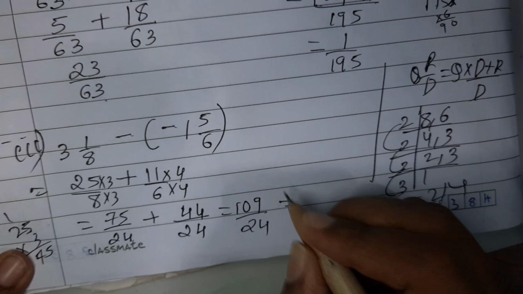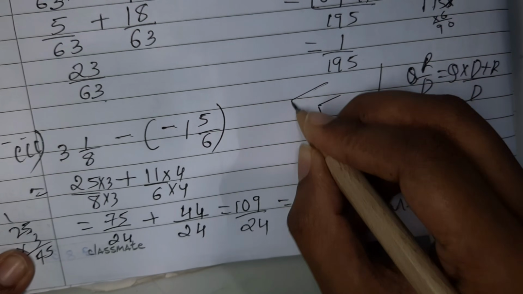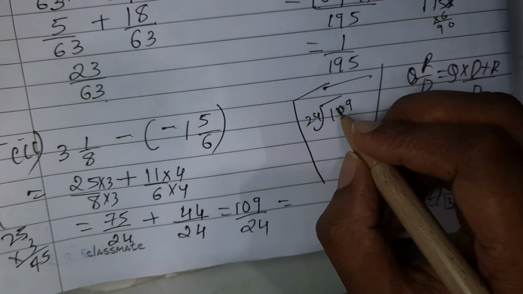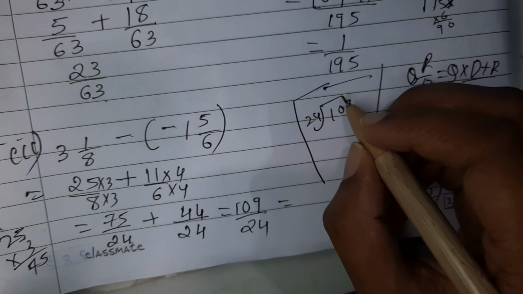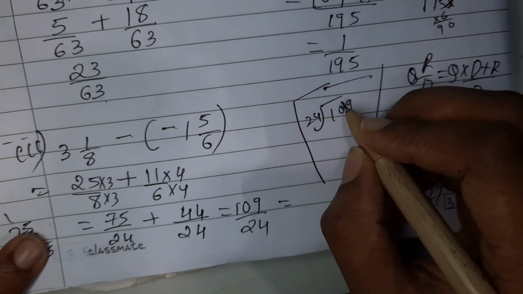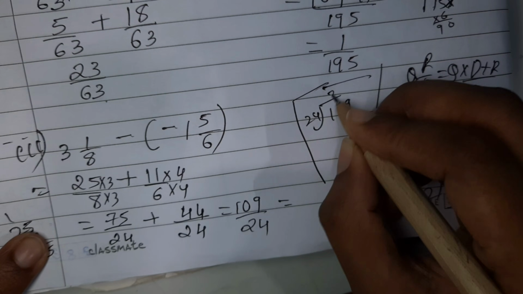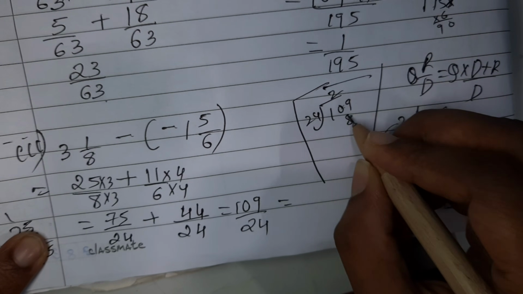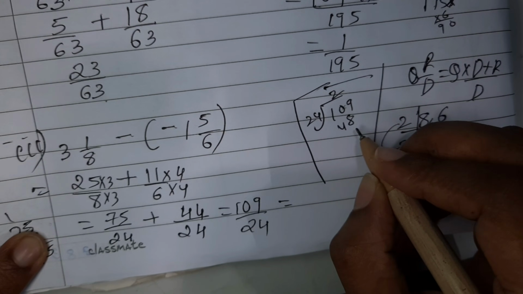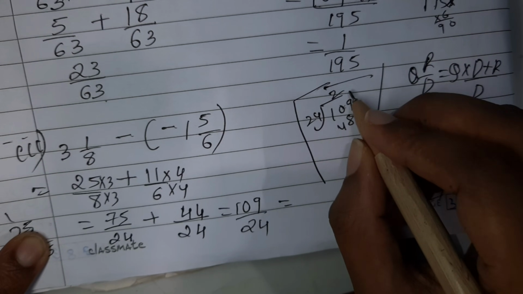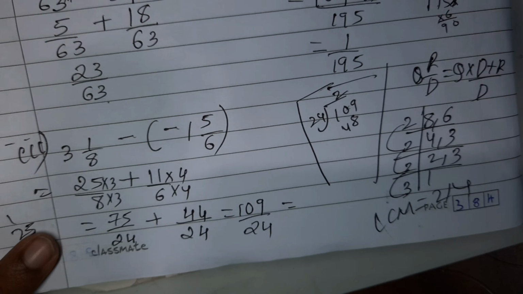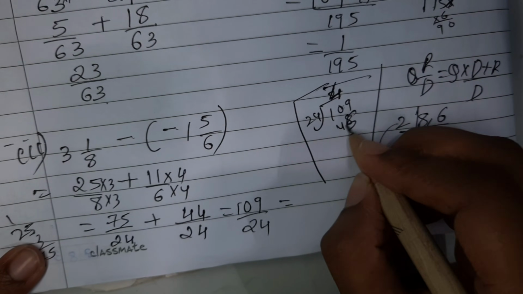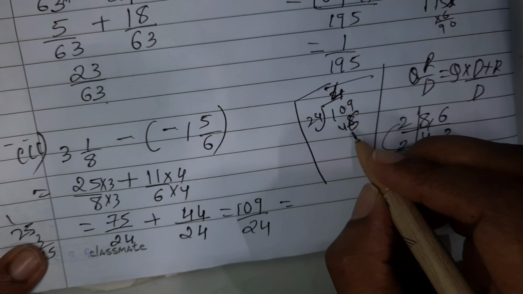Suppose if you want to write this in mixed fraction form, you all can divide and see, okay? 109/24. So here 24 fours are, I have to check, right? 4 fours are 16, 4 twos are 8, 9, 10.